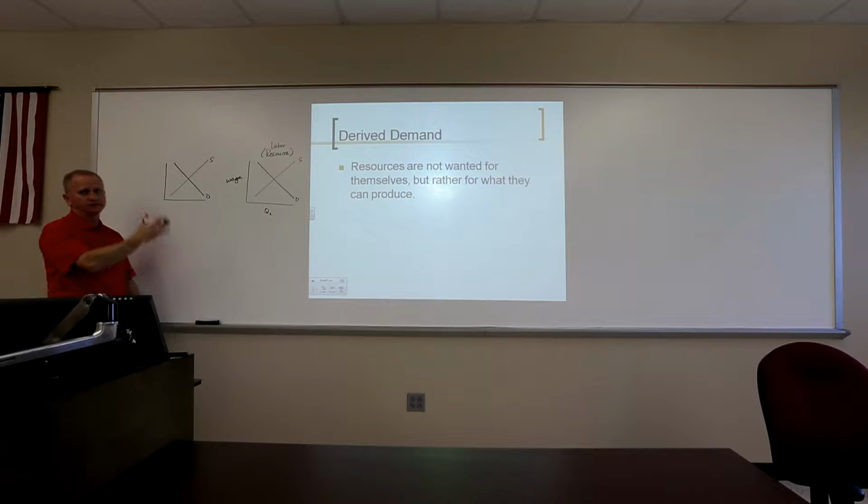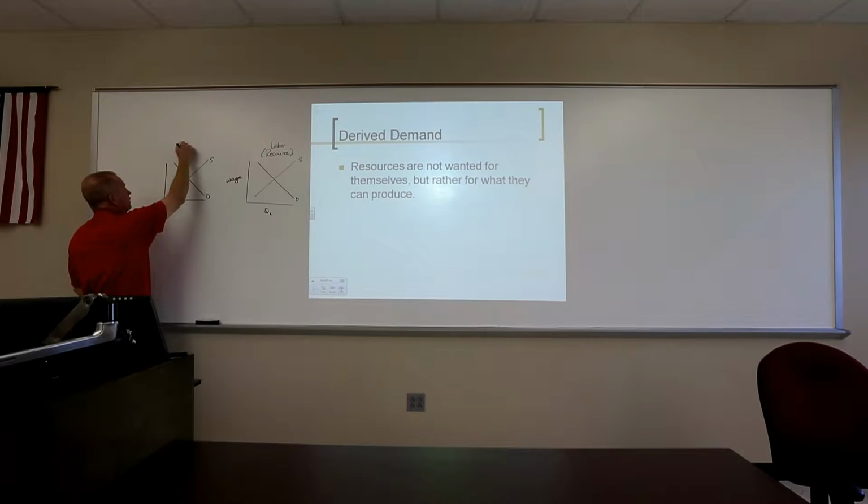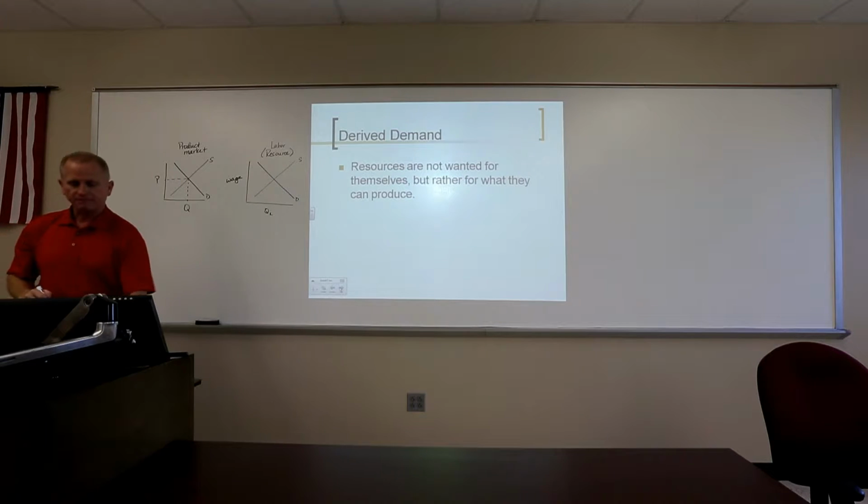And like the other drawing, it looks just like it. This is a supply and demand curve, and this is the product that you're selling. And in this case, yes, the equilibrium is the price and the quantity. We've seen that before.